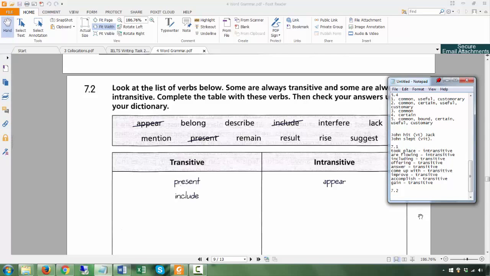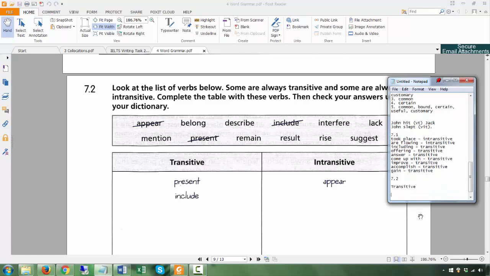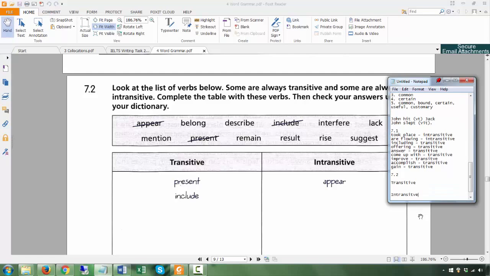So what are the transitive verbs? Okay, describe, you could describe something. You have an object. Now, this is a tricky one because most students will get it wrong. You lack something. Okay, lack here is a verb, not a noun.